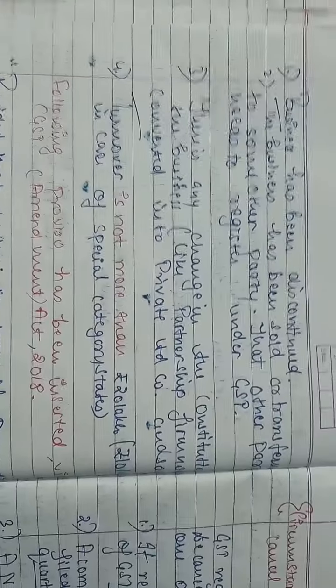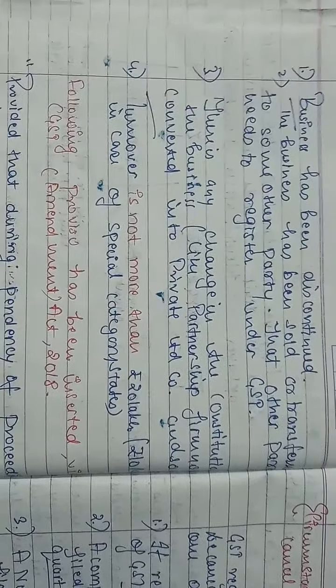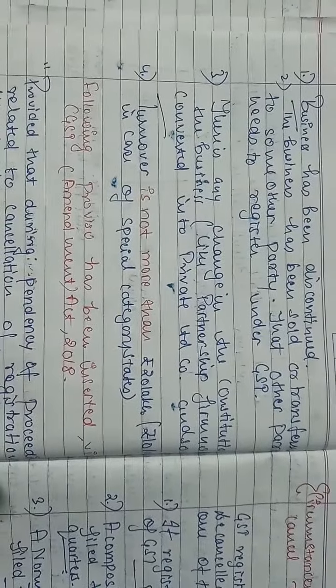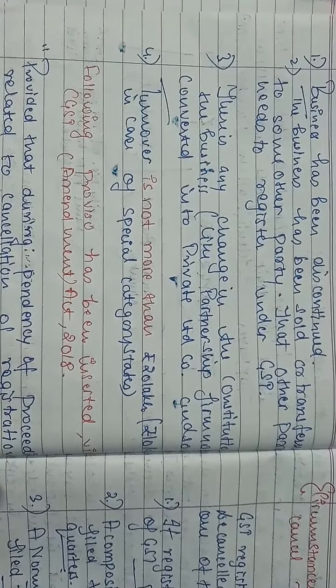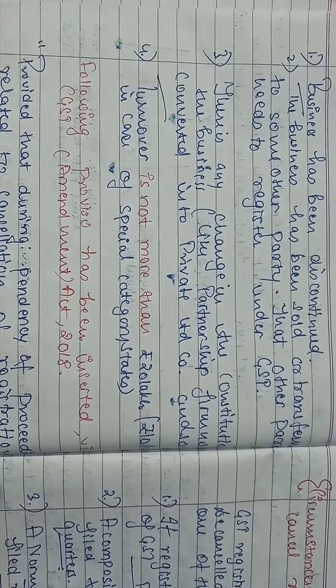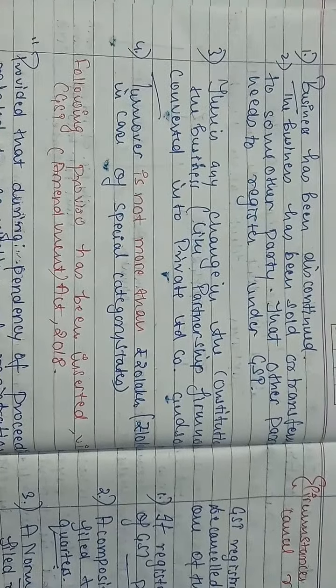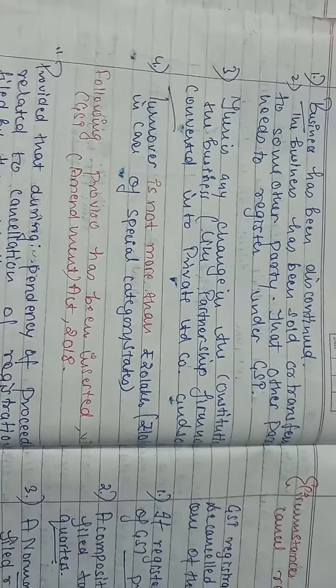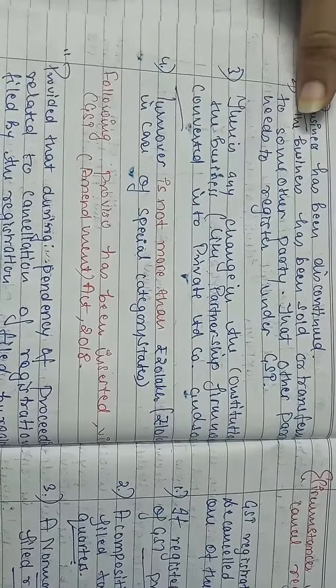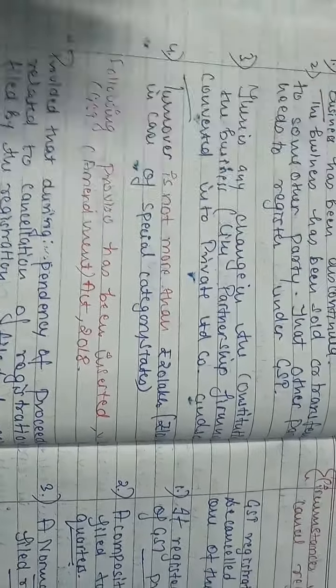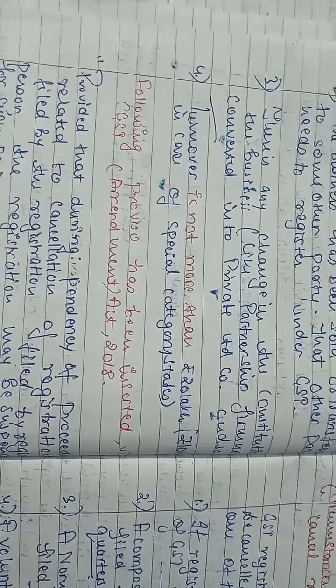And these cases are either the business has been discontinued, or the business has been sold or transferred to some other party. That other party needs to register under GST. Either there is any change in the constitution of the business, that is the partnership firm now converted into private limited company and so on, or the turnover is not more than 20 lakh, and 10 lakh in case of special category of states.